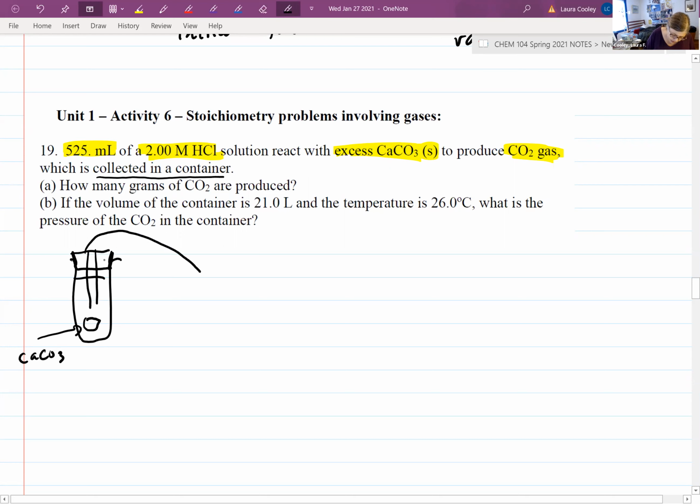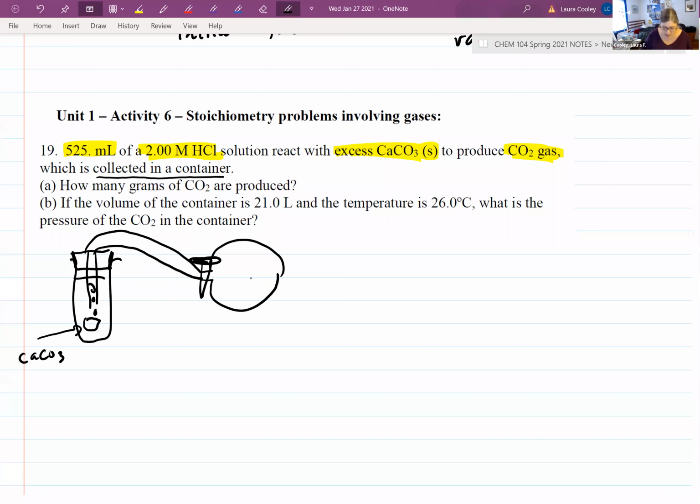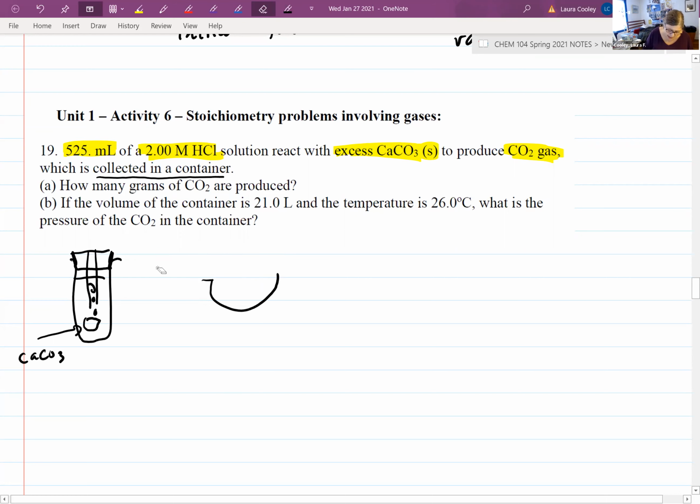Then you have a gas tube that leads to some kind of container. A crude drawing there, but you get this bubbling, and it goes into the container. Actually, this is a problematic drawing, which is probably why I didn't draw it in my notes, because we'd have to worry about the volume here. But let's assume that the container is right on top of this. Let me make a little space here. I'm getting myself in trouble.